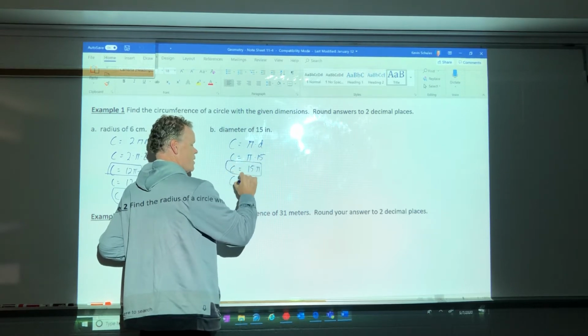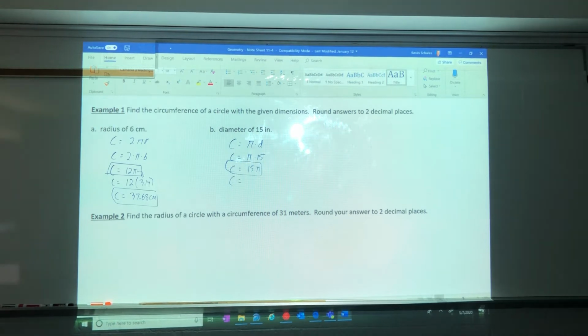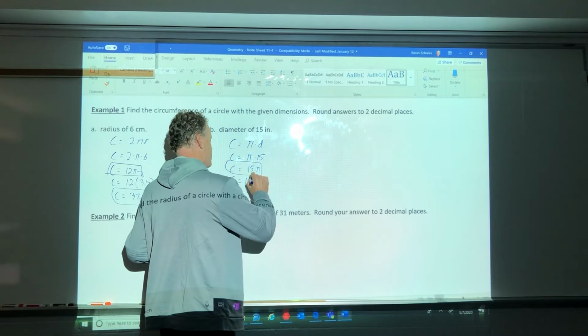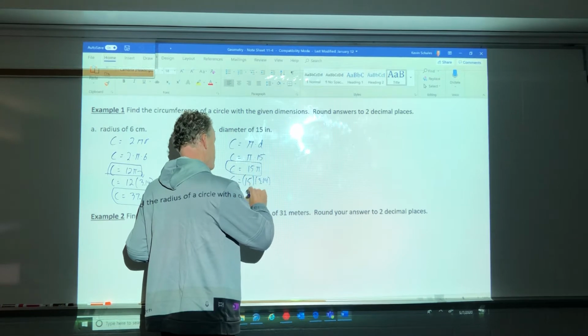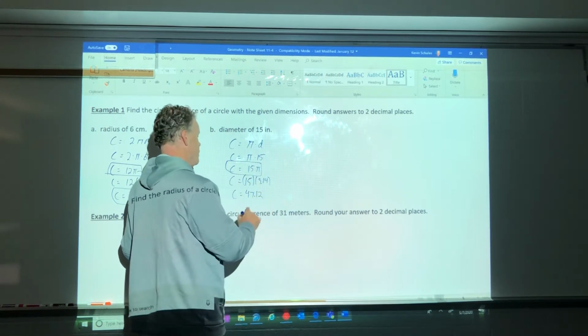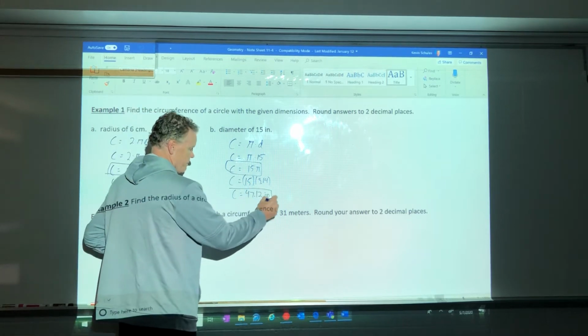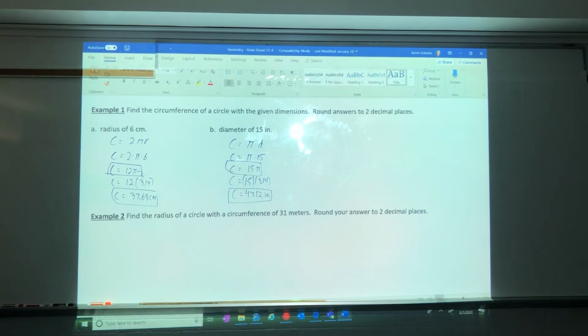And then if we want to get an exact figure, we're going to get 15 times the 3.14. And that's going to give us a circumference of 47.12 inches. Okay? So that's basically how we're finding circumference. Again, this is something obviously you've seen before.